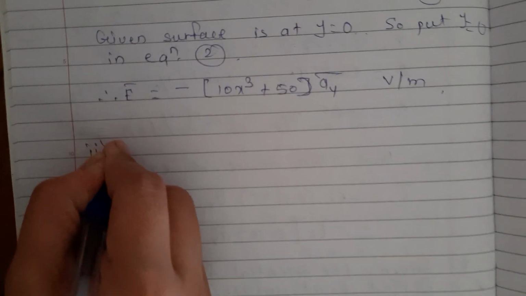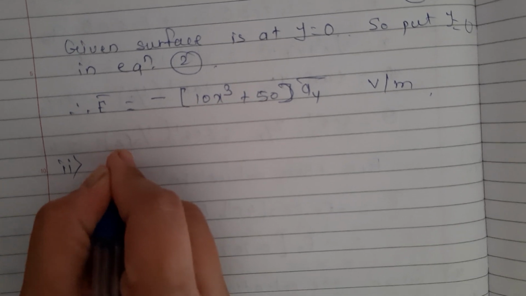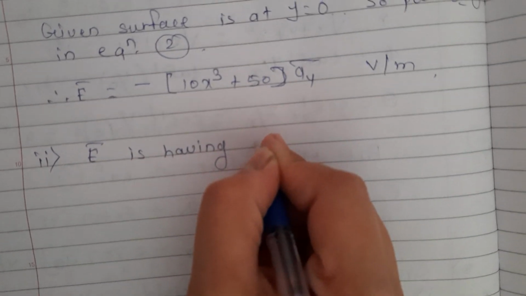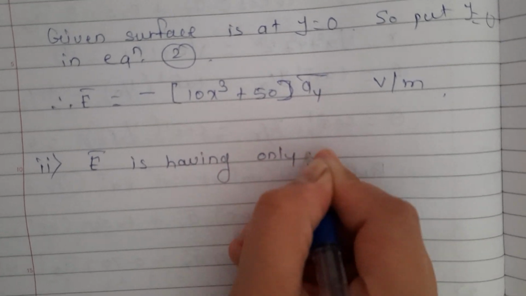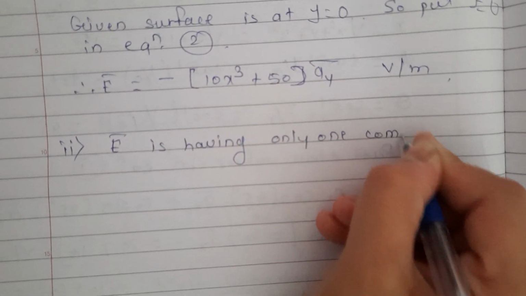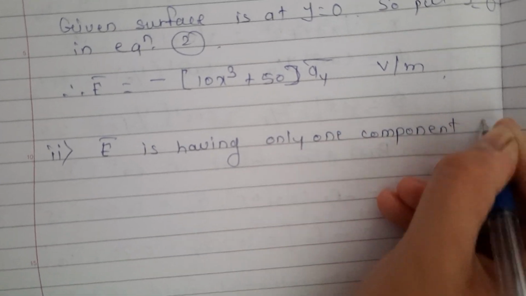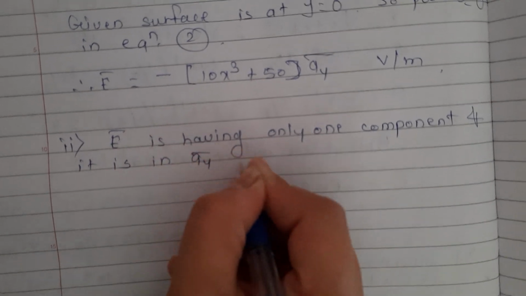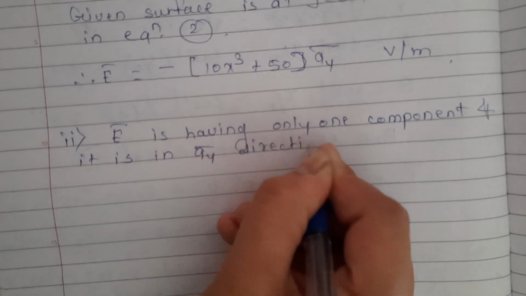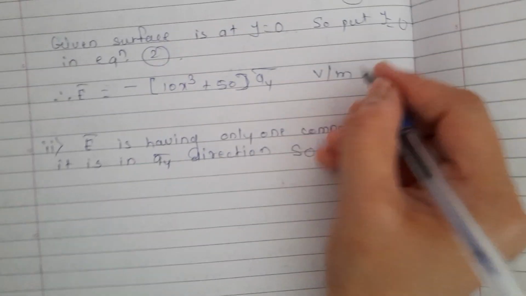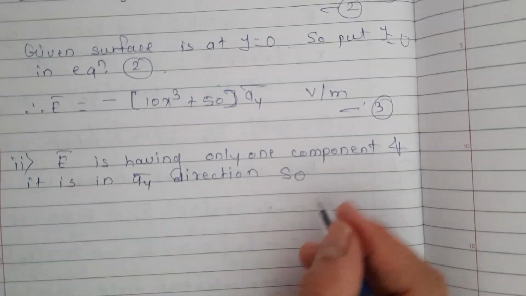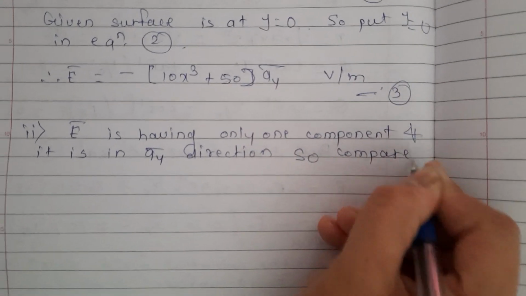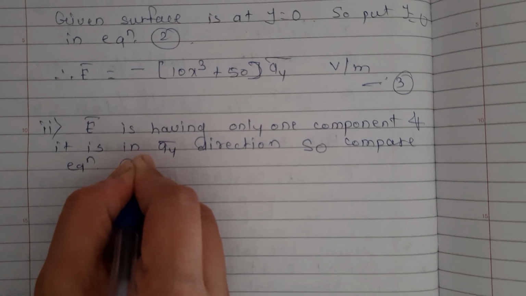Now the second part of the problem. E bar has only one component, and it is in the ay bar direction. This is equation number 3. So compare equation 1 and 3.